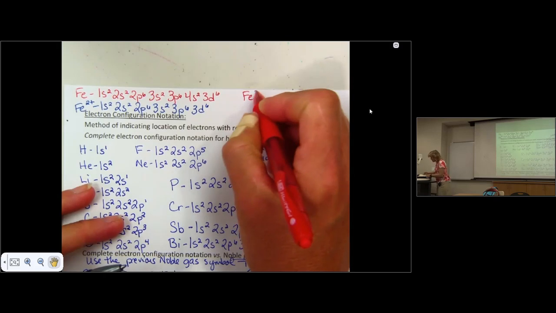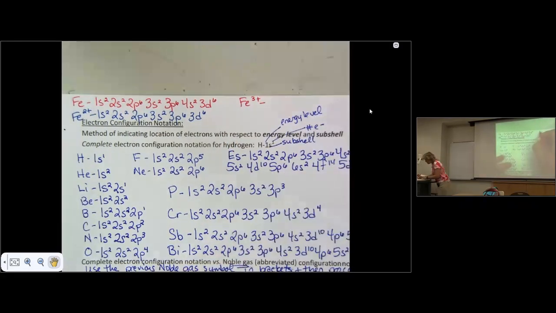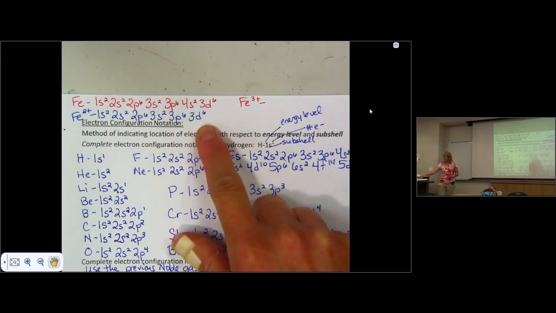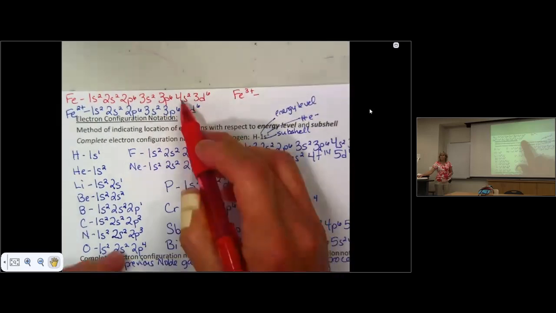Now, 3+ is also logical. Why is 3+ logical? You got it exactly right. It makes D half full. Look at D right now. How many are in D? 6. What is half full for D? 5.